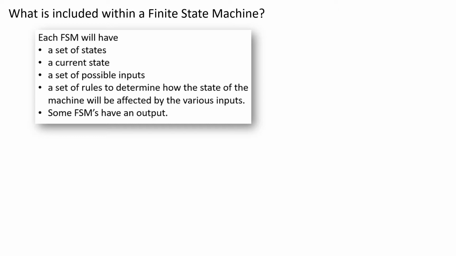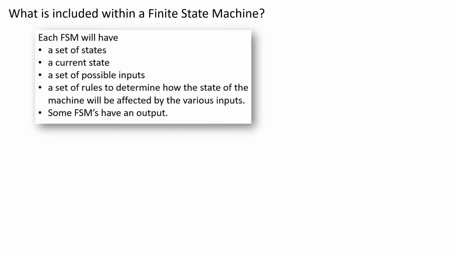Right now it might not make a whole lot of sense, but a set of states, a current state, a set of possible inputs. We're going to be able to do something to this machine in order for different things to happen. But then we also have a set of rules in order to determine what happens based upon the different things that we input.